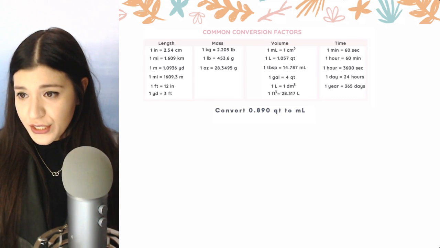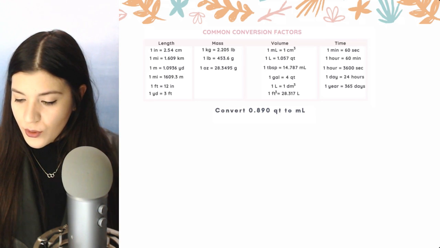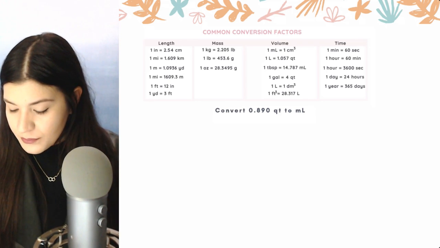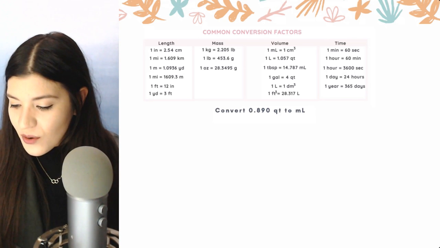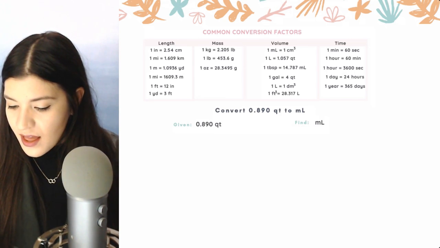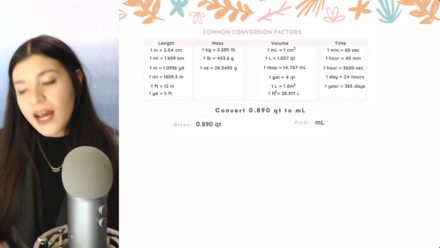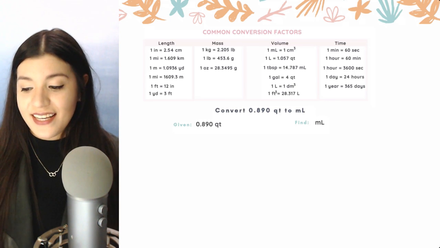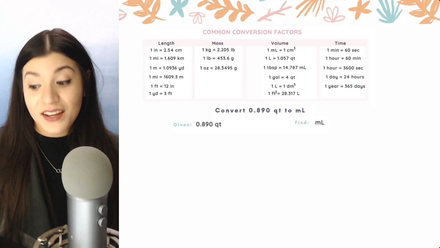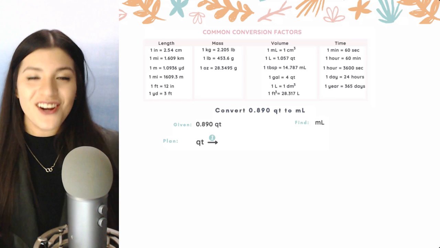So we're going to go from quarts to milliliters. Okay. So now, quarts to milliliters, let's just start off with what we're given and then what we're finding. So what we're given is 0.890 quarts. We're asked to find milliliters. Okay, so let's start off with our plan.